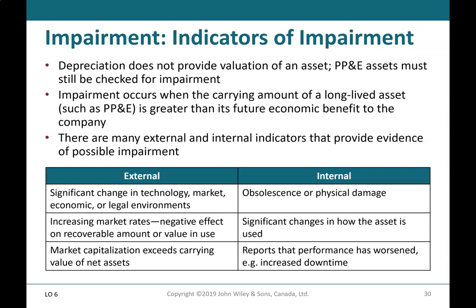So external could be significant change in technology, market, economic, or legal environments, increasing market rates, negative effect on recoverable amount or value in use, market capitalization exceeds carrying value of net assets. Internal: obsolescence or physical damage, significant changes in how the asset is used, reports that performance has worsened, for example, increased downtime.